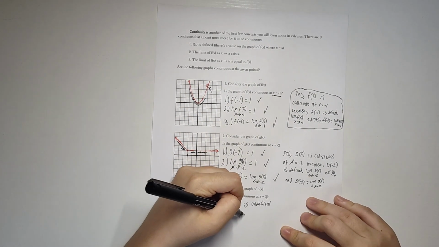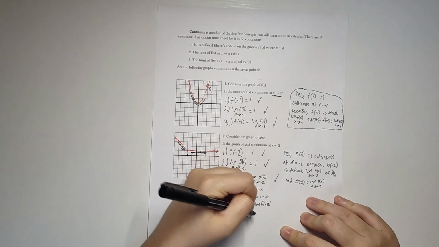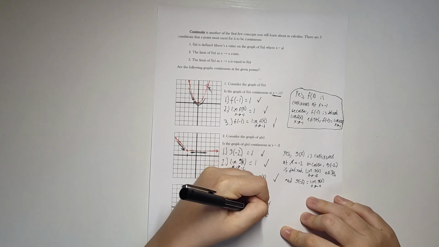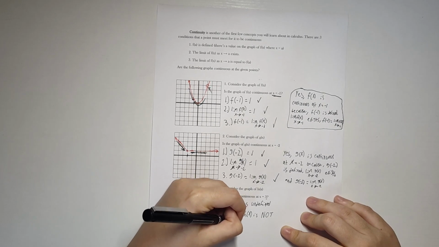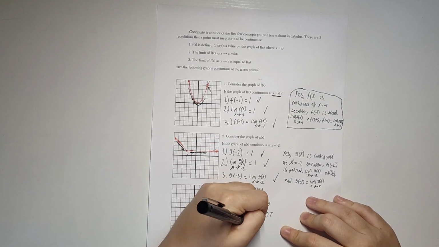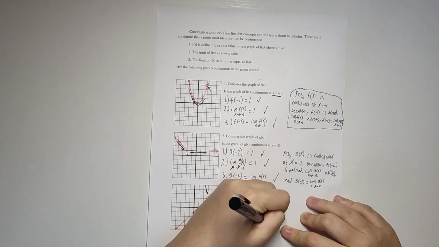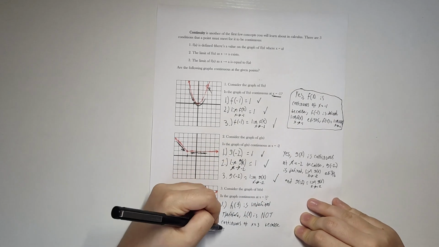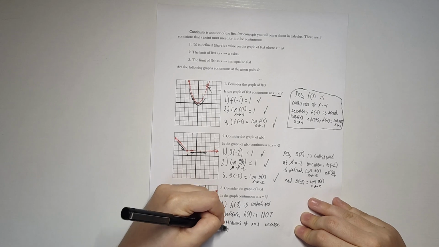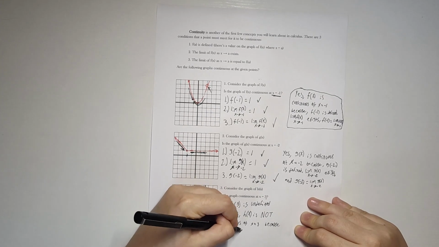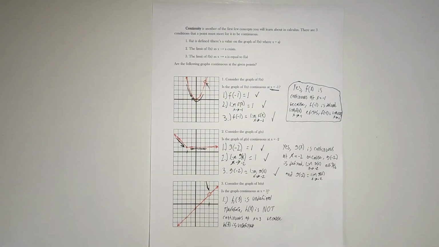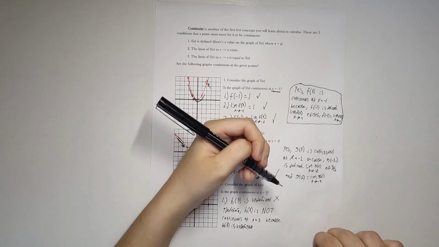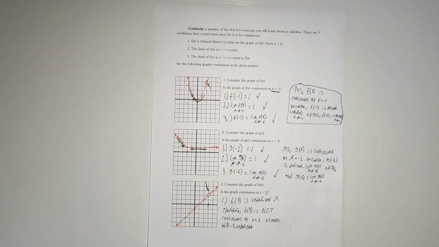Therefore, h of x is not continuous at x equals 3 because h of 3 is undefined. So we know right away after we check the first condition and it fails that it doesn't matter if the other two conditions are checked.